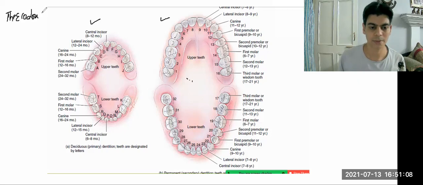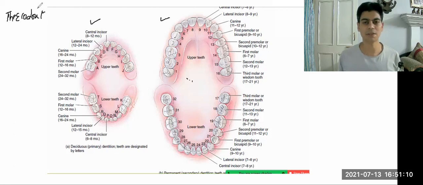Just remember these terms. Odont means teeth, so you will see this word in many places in dentistry. Teeth are also called dentes, and the two sets of teeth are also known as dentitions.